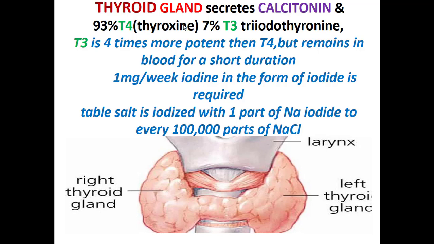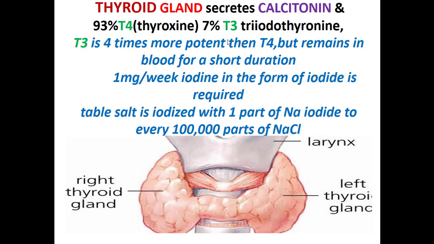There is the thyroxine and the triiodothyronine. The T3, the triiodothyronine, is an active form. It is 4 times more potent than the T4, but it remains in the blood for a shorter duration. This is very important.